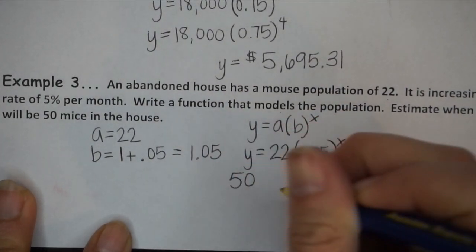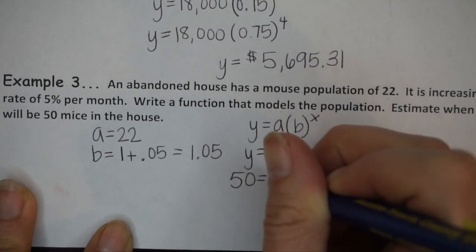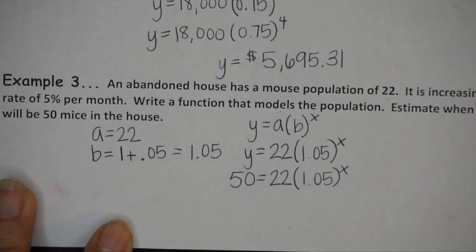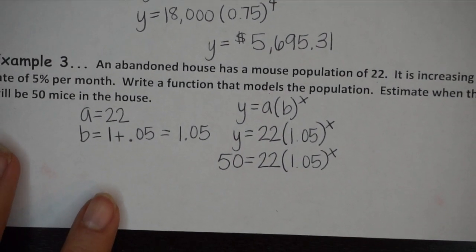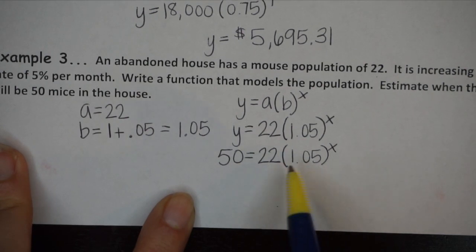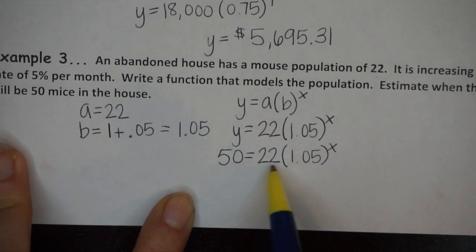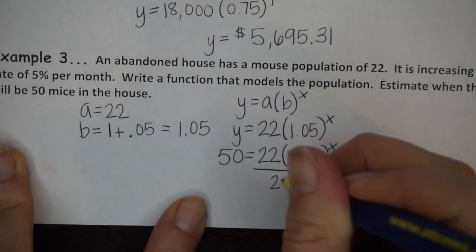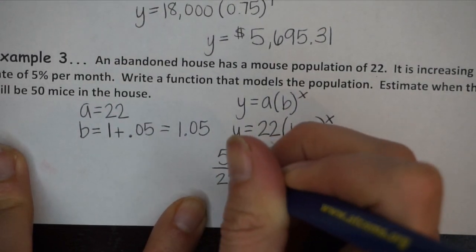We're going to say 50 is equal to 22 times 1.05 to the x power. To simplify this and kind of solve it, since this is multiplying 22 times, we can start to get this x by itself by dividing by 22 on both sides.